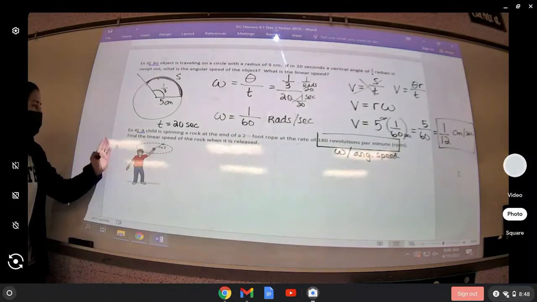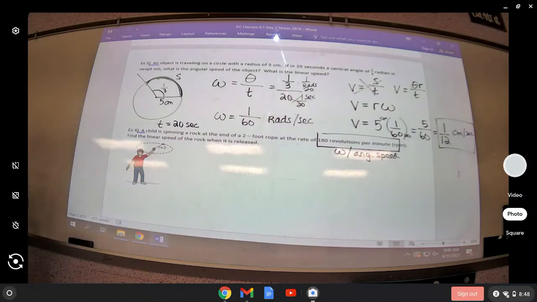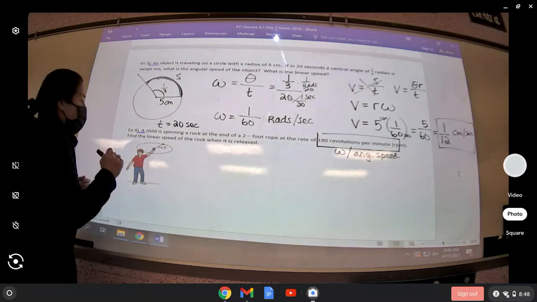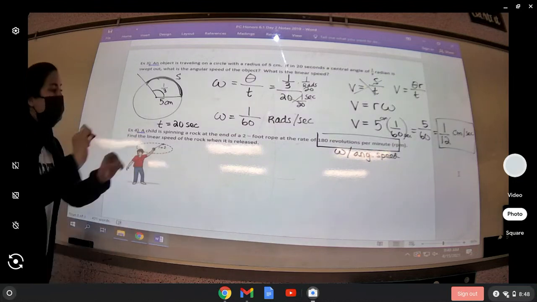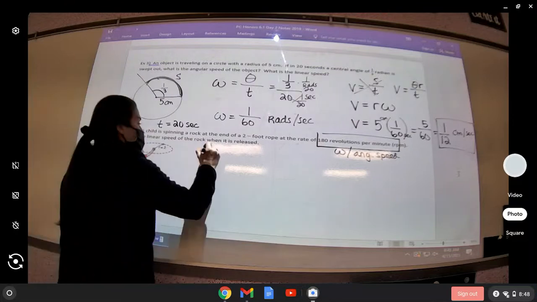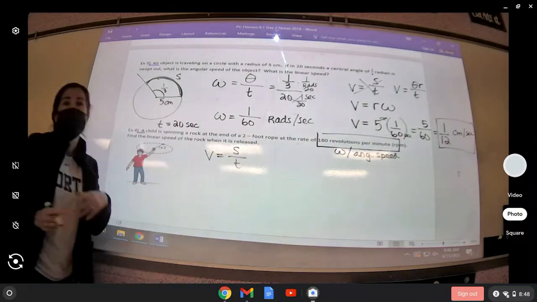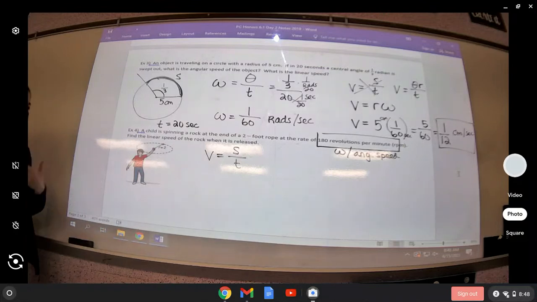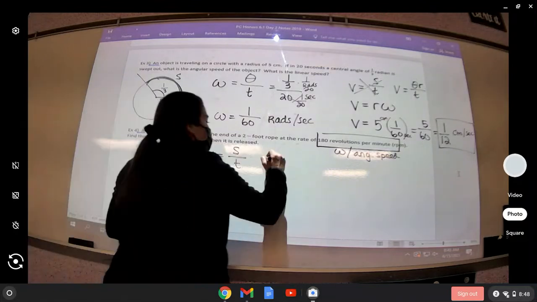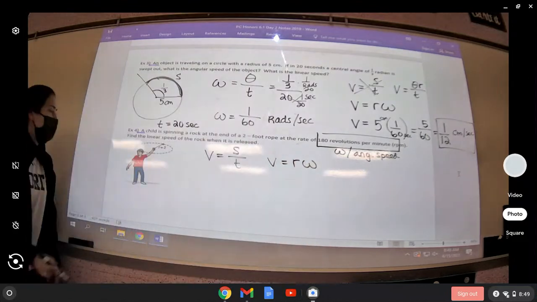But they asked you to find the linear speed of the rock when it is released, right? So guys, we have radius and we have an angular speed, and they've asked you to find linear speed. Well, remember, V is equal to S divided by T, the distance the object traveled, the arc length divided by time, or V is equal to radius times omega.